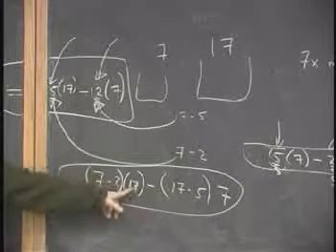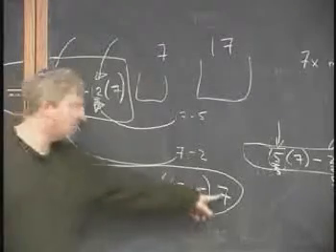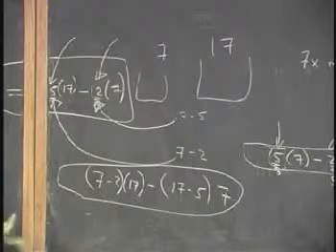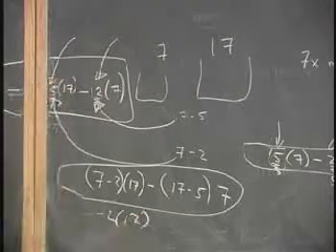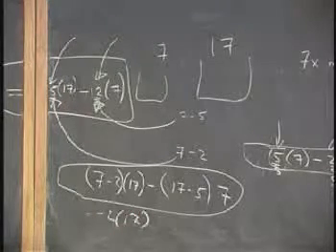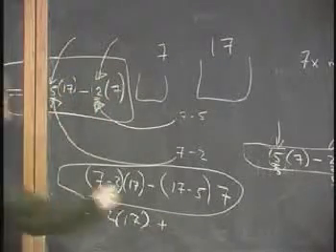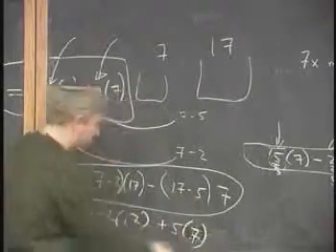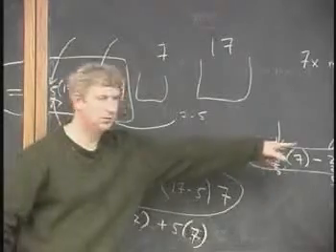You get 7 times 17 over here, and that cancels with 7 times 17 over here. What's actually left after those two things cancel? Minus 2 times 17 plus 5 times 7. 5 times 7 minus 2 times 17. What does that equal? 1.